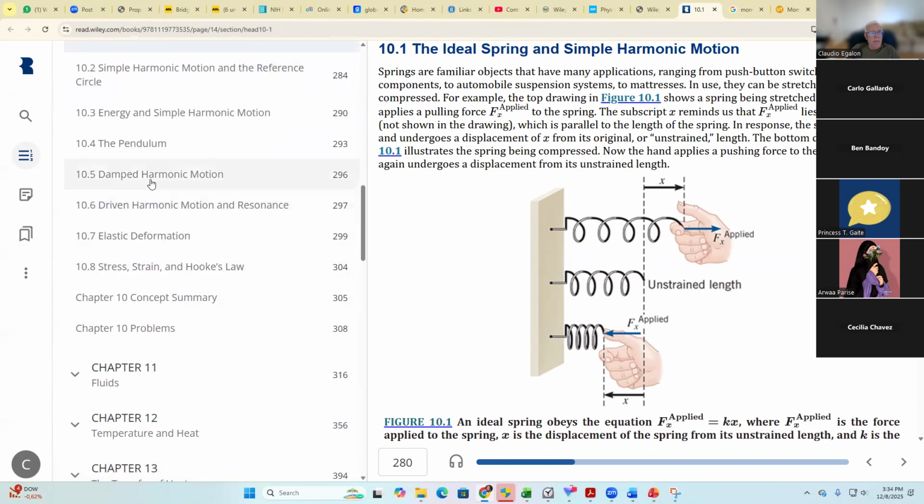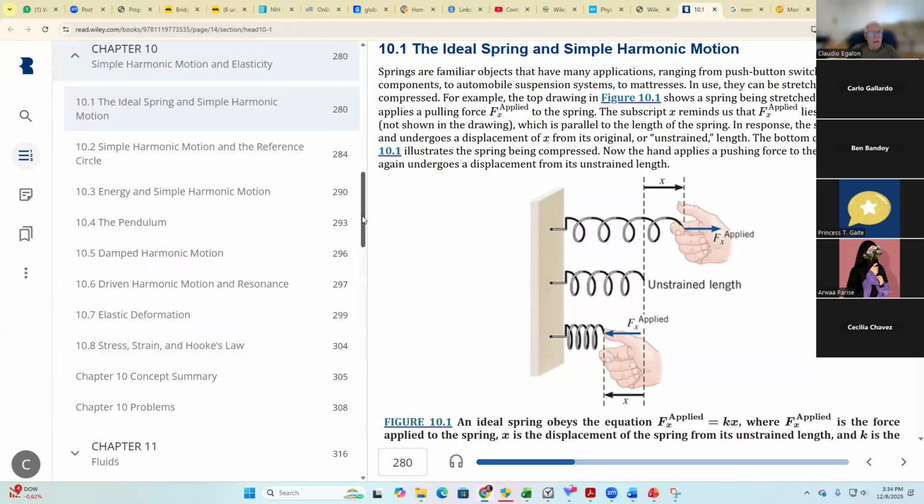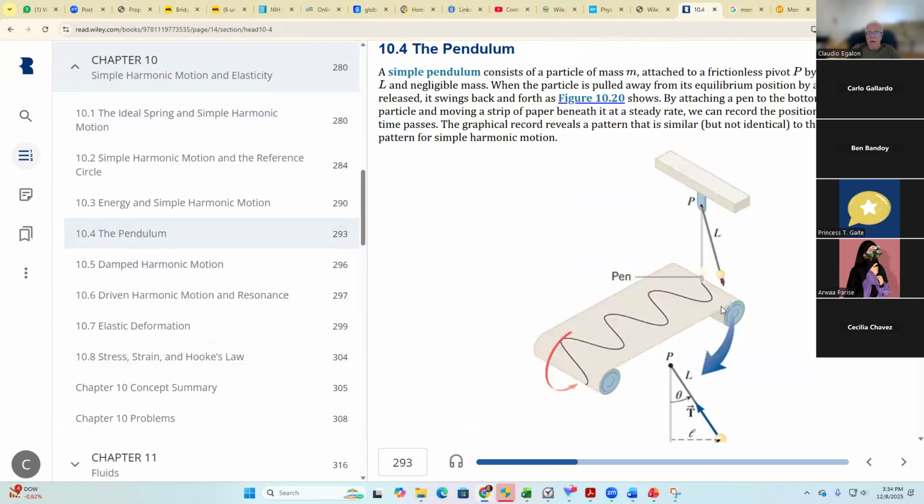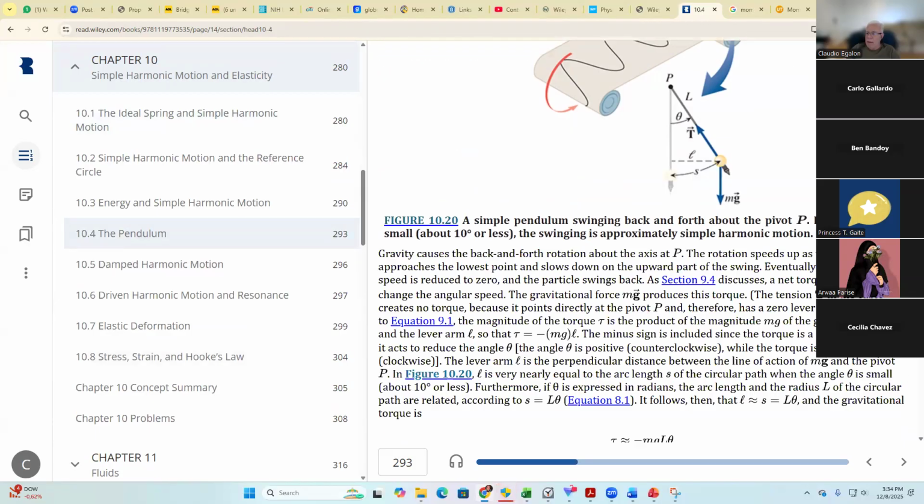Okay, we are not doing damped harmonic motion. We are not doing driven harmonic motion. We're not doing elastic deformation. We're not doing stress, strain, Hooke's law, okay? And the pendulum. Let's take a look at the pendulum here. Yeah, that's a simple pendulum, right?